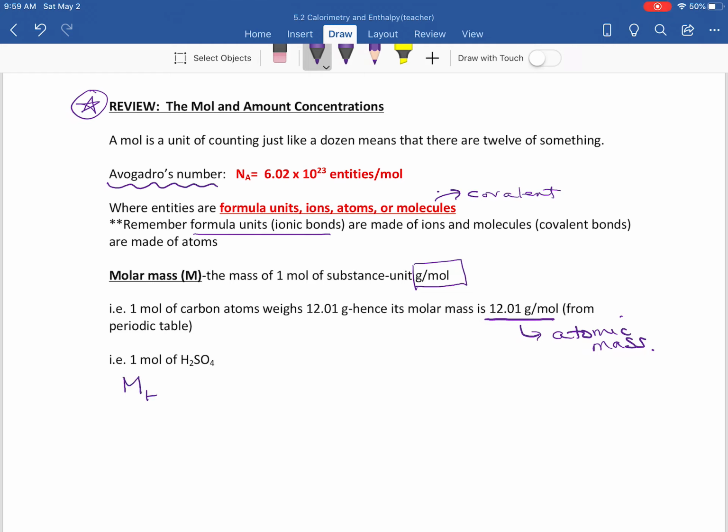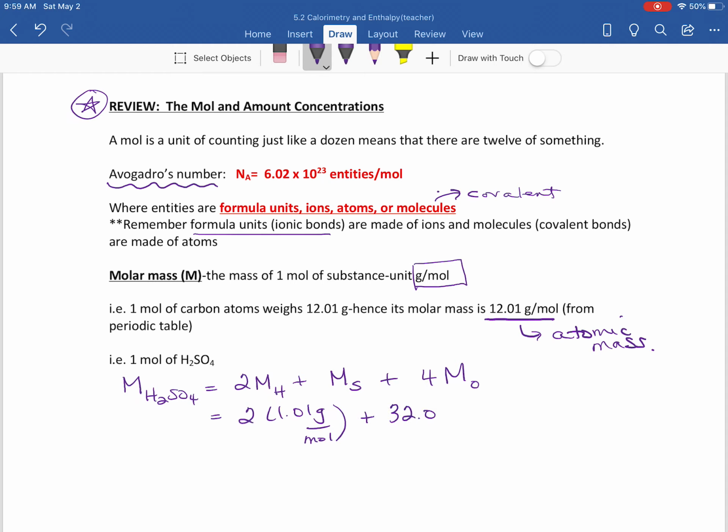For instance, just to remind you, for the molar mass of H2SO4, we're going to go to our periodic table, and we know we've got 2 hydrogens, 1 sulfur, and 4 oxygen.